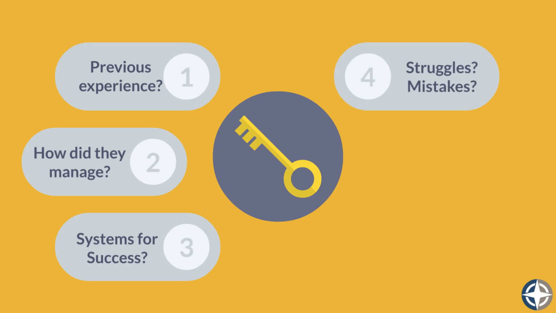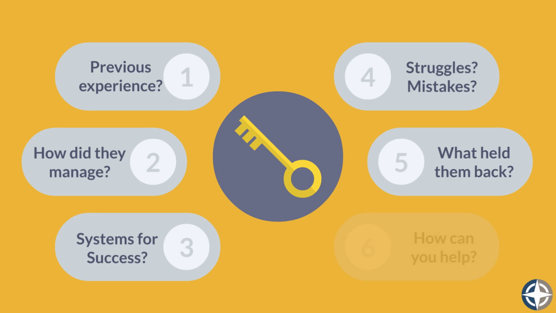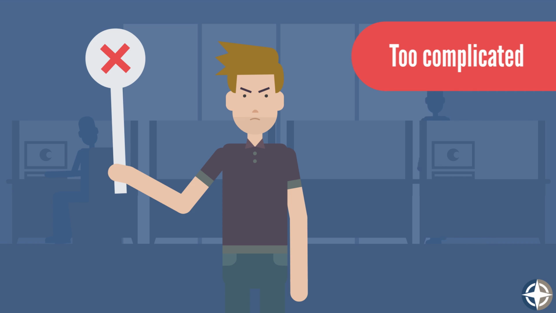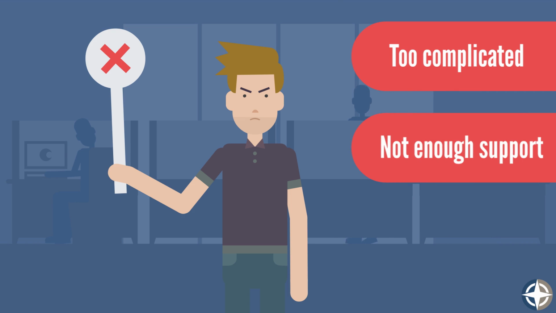Where did they struggle? Where did they make mistakes? Was there something in particular they felt held them back? If so, can you incorporate information or allow for some time in your e-learning plan to clarify those topics for the learner? Failing to plan for the success of your learners could cause them to disengage early on and miss out on the experience.